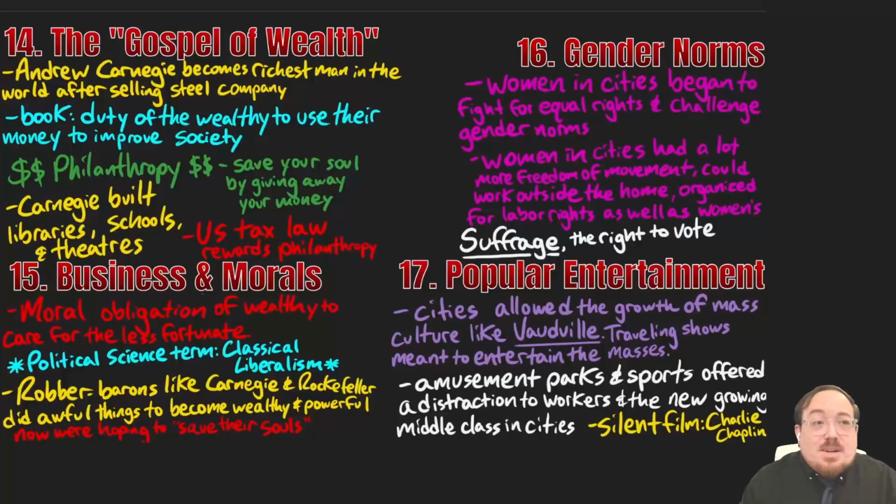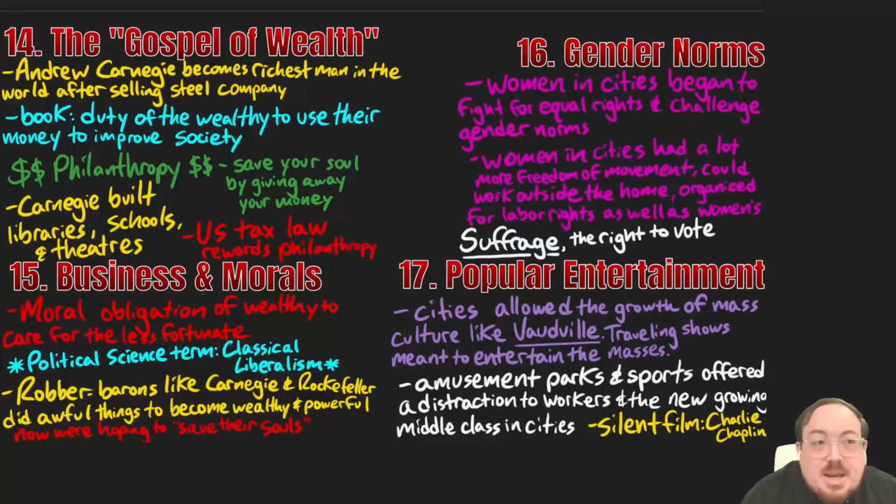And I guess after he retired, he was like, wow, I've done a lot of terrible things in my life in order to become rich and powerful. In fact, most rich and powerful people do terrible things to get to this position in life. And so I should try to use my money, use my wealth, use my power to make life better and try to improve society, try to invest in our community.